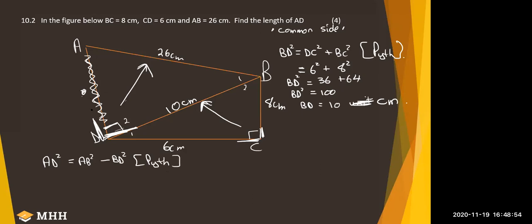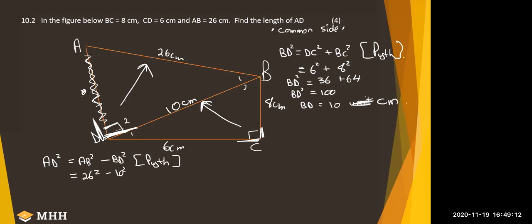But if you wanted to say AD squared plus BD squared is equal to AB squared, you could have. It doesn't matter. Okay, so AD squared is 26 squared minus 10 squared.